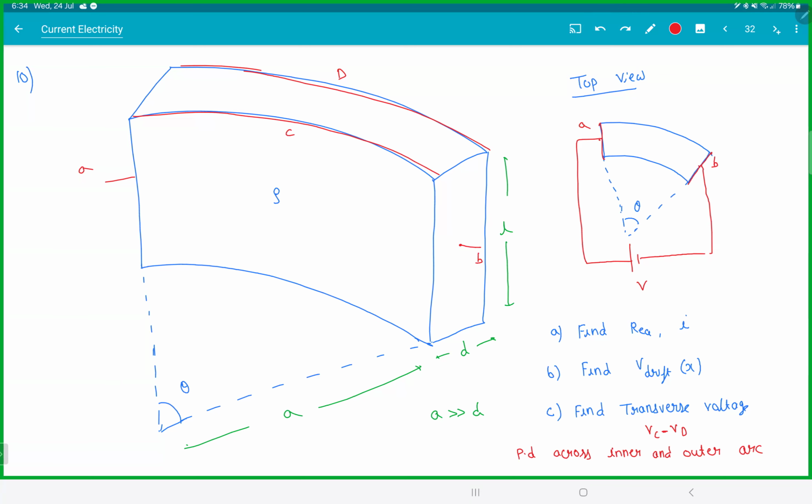This would be an advanced paragraph question. I would ask you to find the current and the transverse voltage. But sir, isn't A much greater than D given for that only, so that you can take... No, it is not given that, but approximate. I'll write on that.